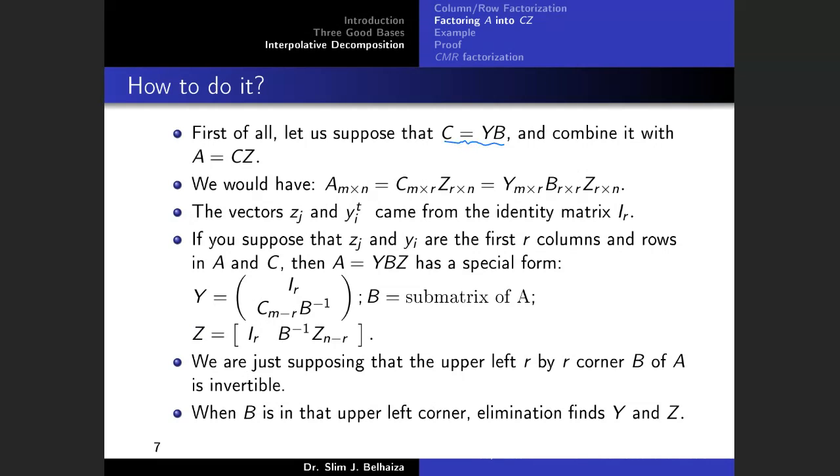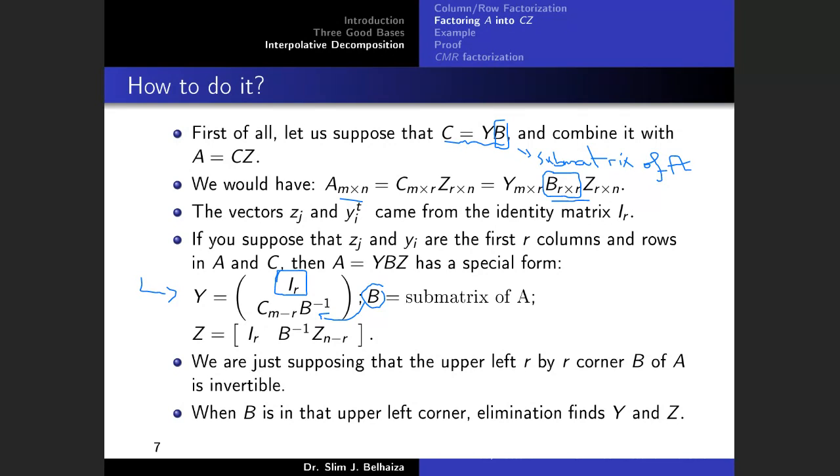And if you assume that C is equal to YB, where B is a submatrix of A, then there is a way to write again A as Y times B. And B is a square submatrix, as you see, with, of course, dimension R. So we can show that in that case, Y could be written as I_R, the identity matrix of dimension R, and the remaining rows could be obtained from B using C_{m-r} times B minus 1. Now, what is C_{m-r}?